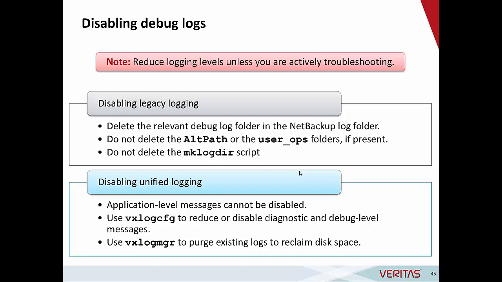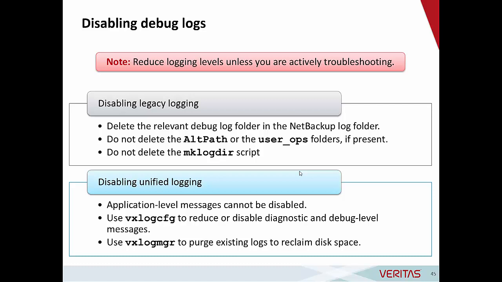And optionally, if things start to get really desperate, I can start using vxlogmanager with its delete function to purge logs to reclaim disk space. But if I find myself having to do that on any kind of a regular basis, I should probably consider looking for a way to add more disk space to the server.